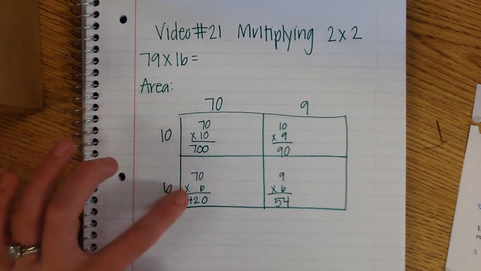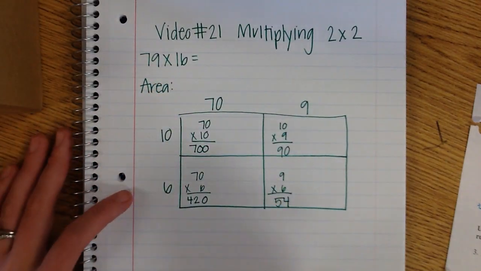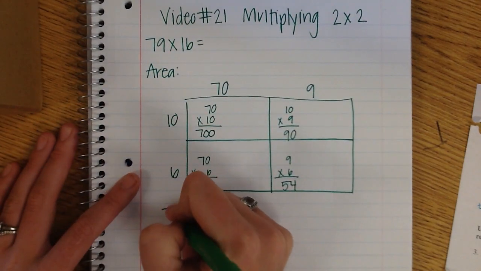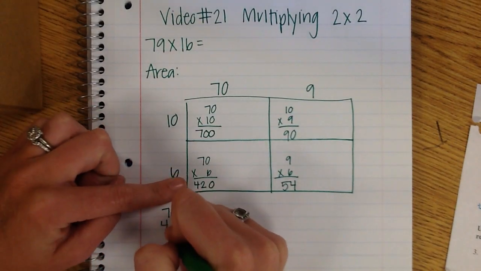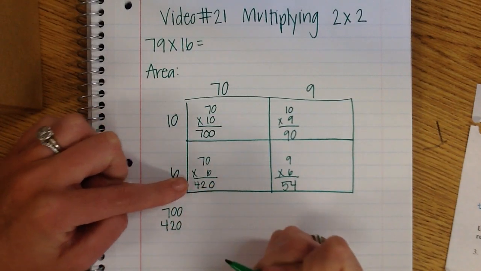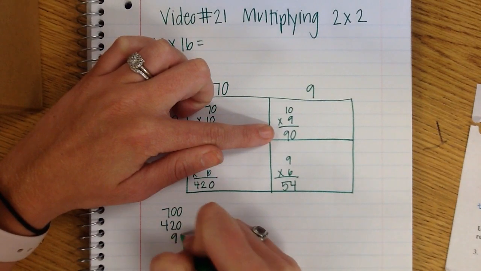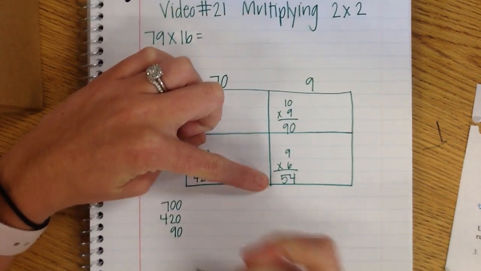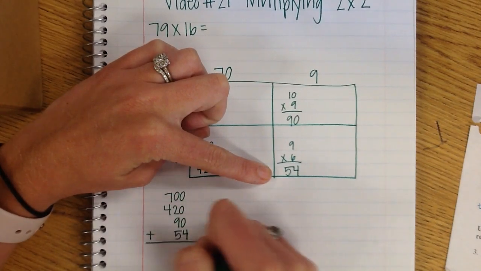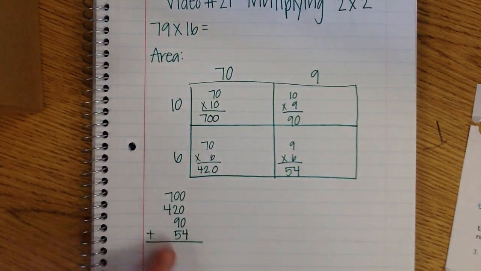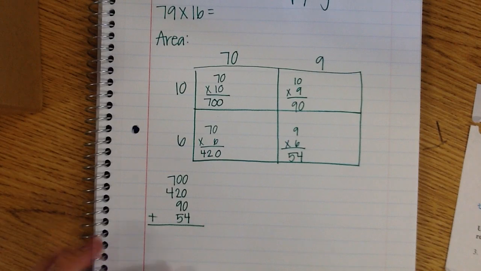Now that I've multiplied all 4 boxes, I'm going to add them up. 700, 420, 90, and 54. As you can see, I'm lining up my place value.